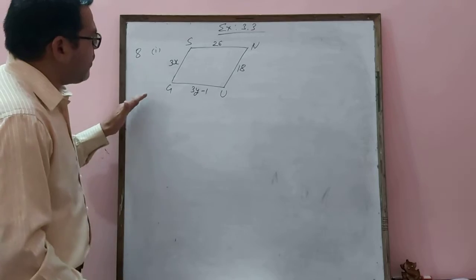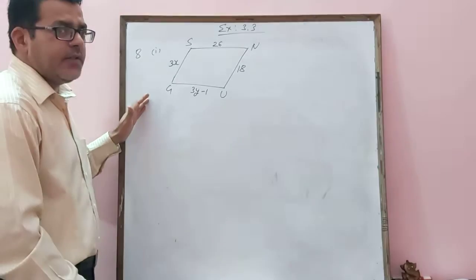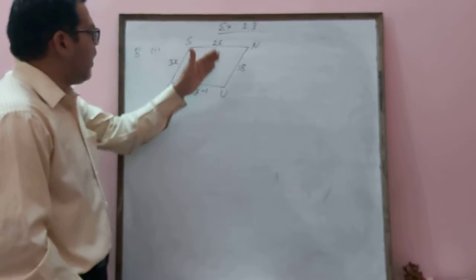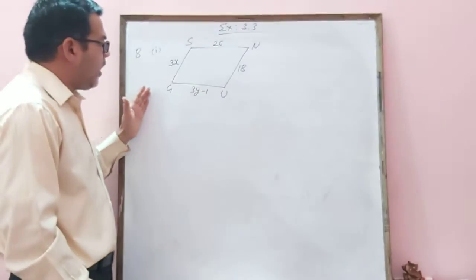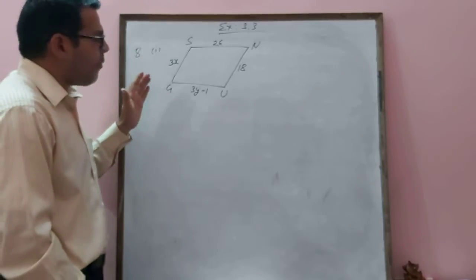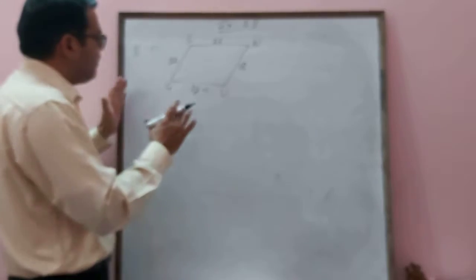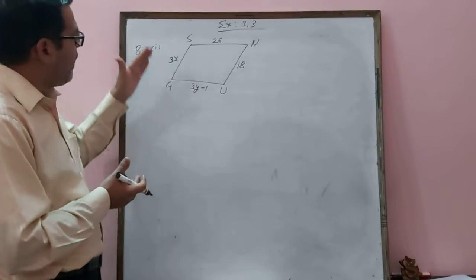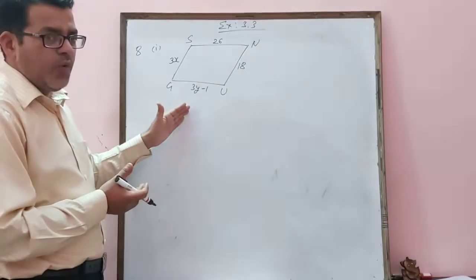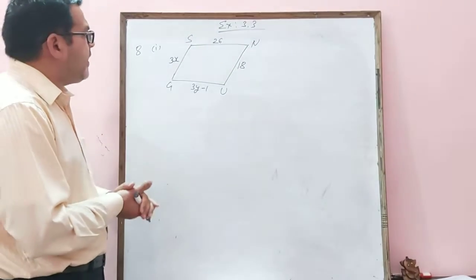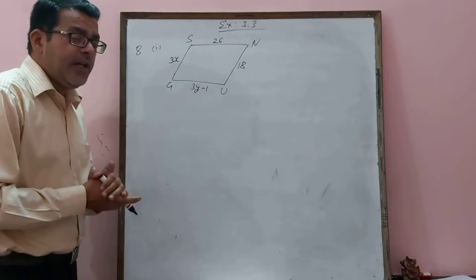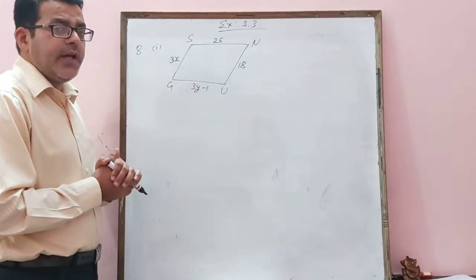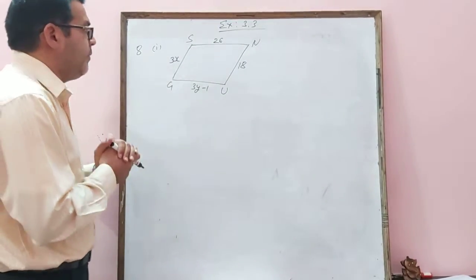Now in this question it is given that this GUNS is a parallelogram, and instead of angles this time sides are given, right? And you have to find value of x and y. So it is very simple. We know that in a parallelogram opposite sides are always same, right?